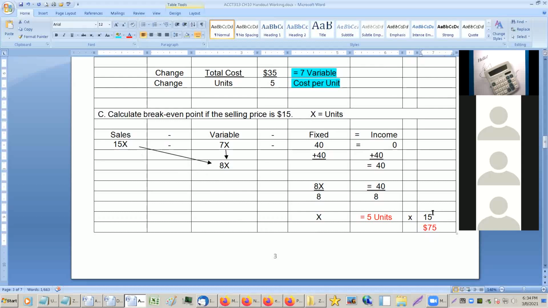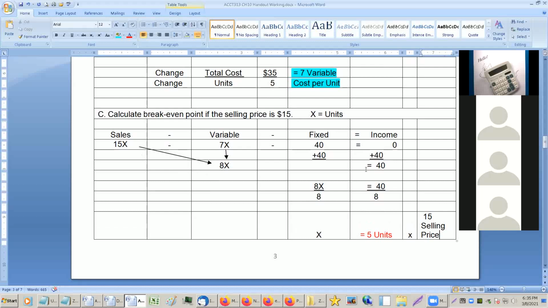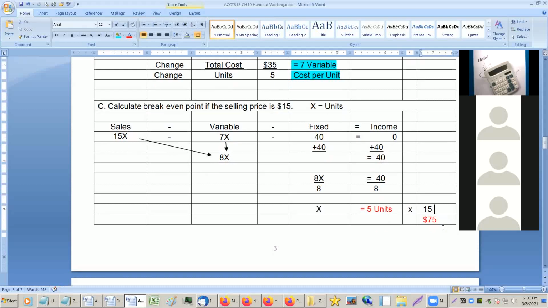This is the selling price. Okay, I goofed this one up. Let's leave it at that. Oh, and here I would do the selling price up here. Much better.